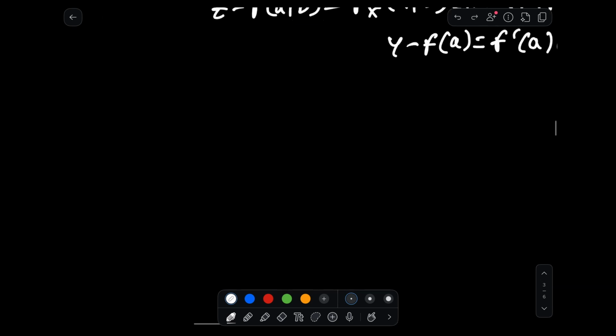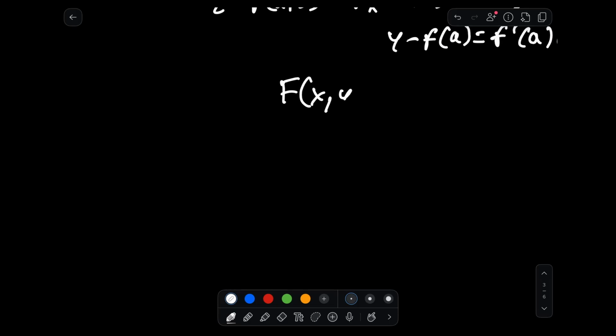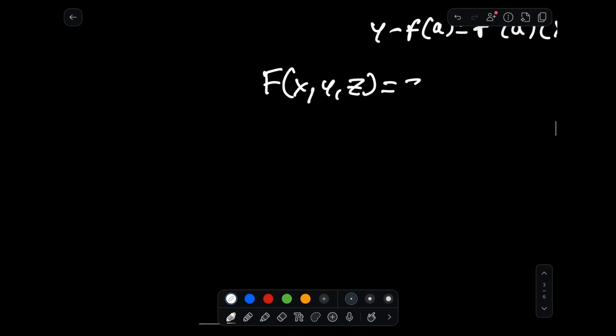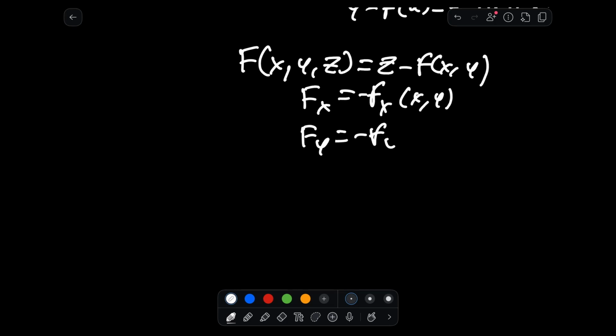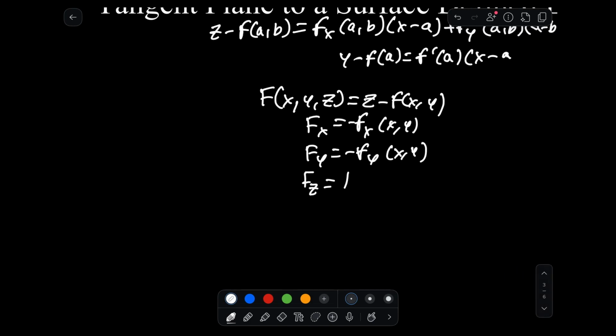Similarly, you would have your implicitly defined function F(x, y, z) equal to z minus f(x, y). When you take the partials of this to solve for it, you're just going to get this. The partial with respect to z is always going to equal 1 if it's implicitly defined like this.